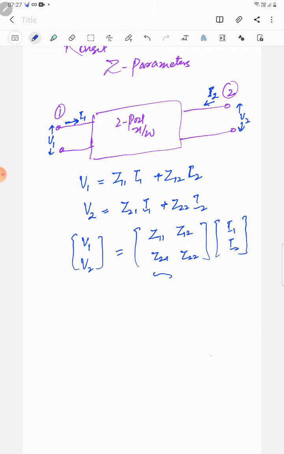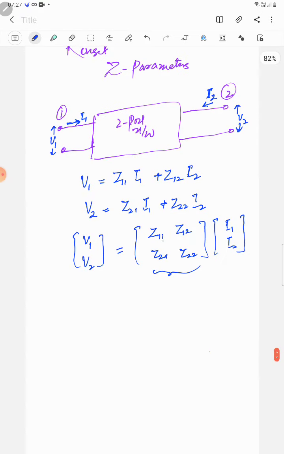If we know these Z parameters, we can completely describe this network. This is what we have done in the previous semesters. Z11, for example, would be V1 upon I1 when I2 is 0.